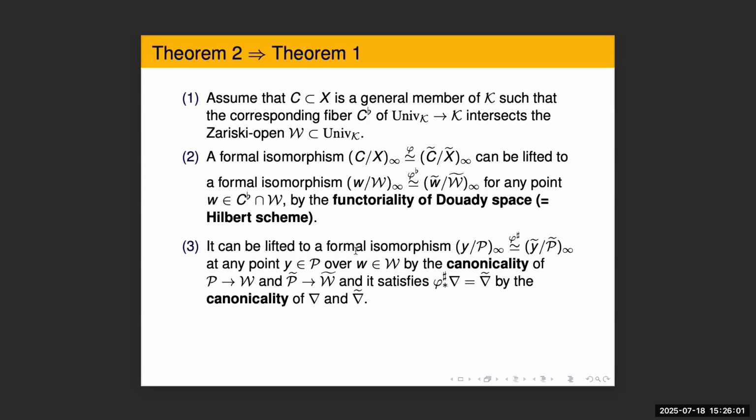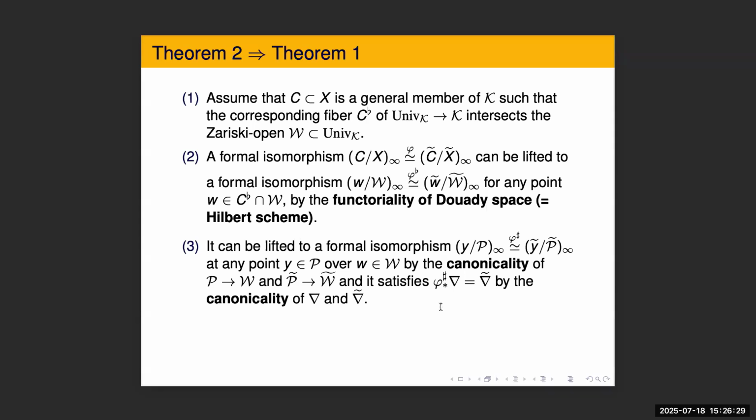And then this formal isomorphism at the level of the universal family can be lifted to this canonical fiber space P because of the canonicality of the construction. And it also preserves the canonical affine connection because it's also canonical.